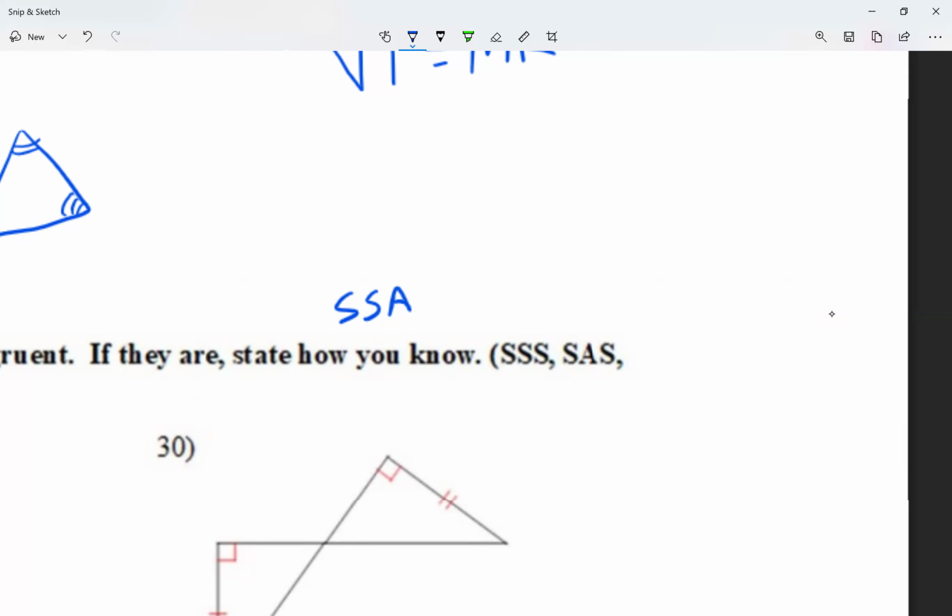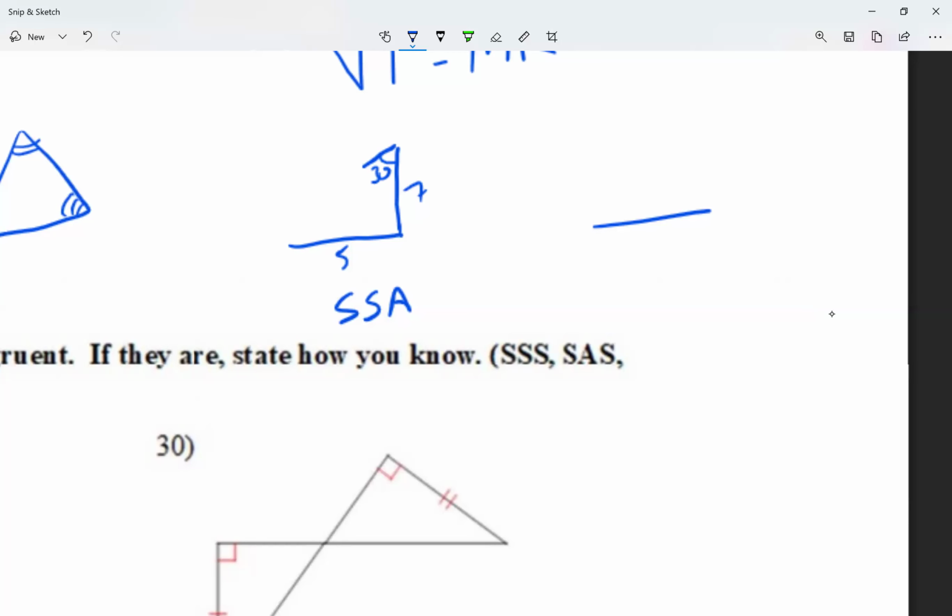So let's say I have these two sides. Let me come up with a triangle. Let's say it's side, side, and then there's an angle. Let's say I have these sides 5, 7, and 30 degrees.